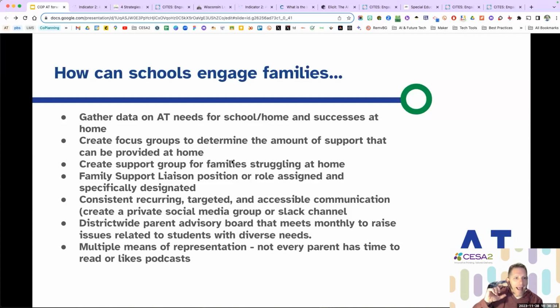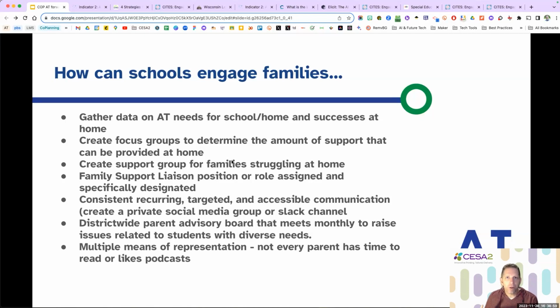So gathering data is a great way to engage families. When you're reaching out to them and asking what their needs are at home and what successes they're having at home, you can create a focus group to see how much support is able to be given at home.